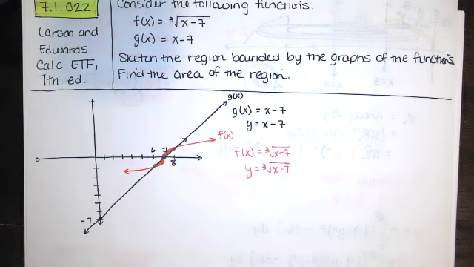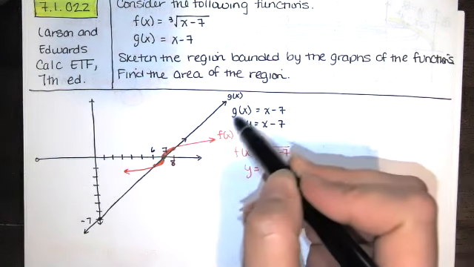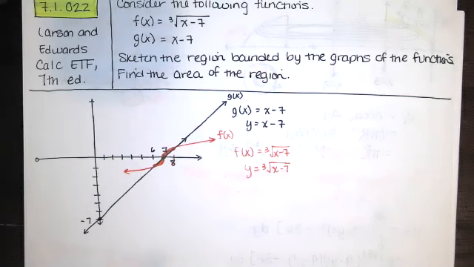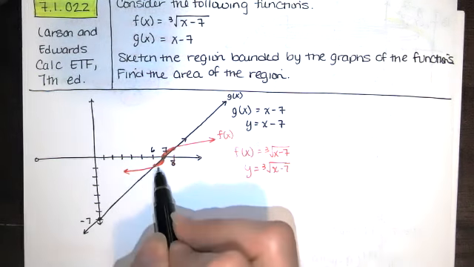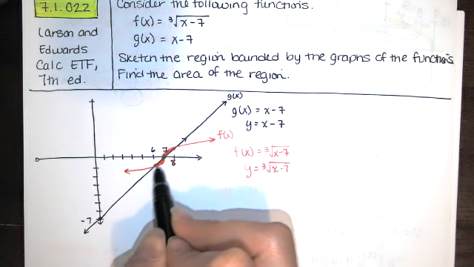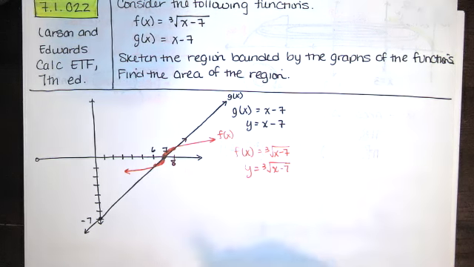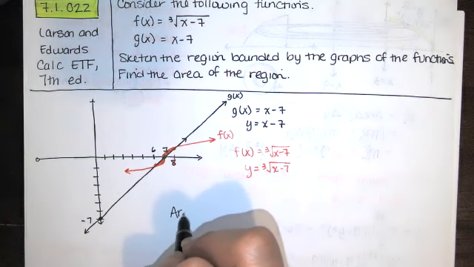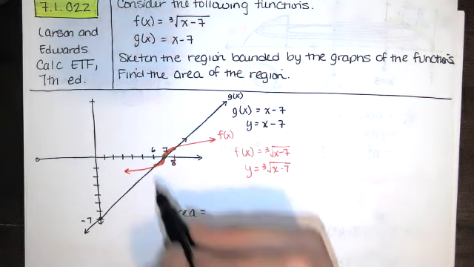Okay, so now we want to find the area of the region. And this is where you want to ignore these labels f and g, and you just want to look for the top function and the bottom function. Now I want you to notice that on the interval from 6 to 7, the line is the top function. The line is above, the y values are higher on the line than they are on that cube root graph. So when I find the area, I'm going to have to split this into 2 pieces.